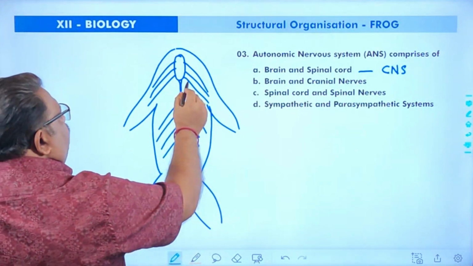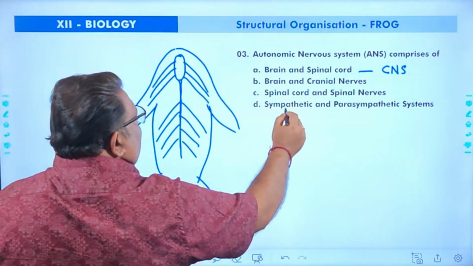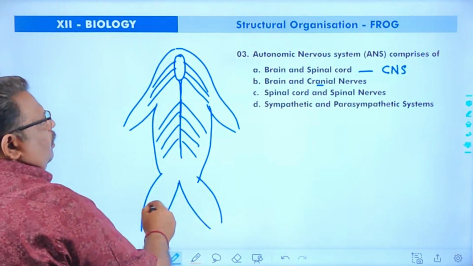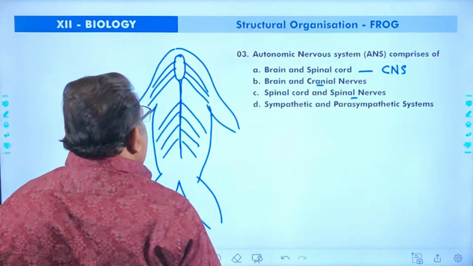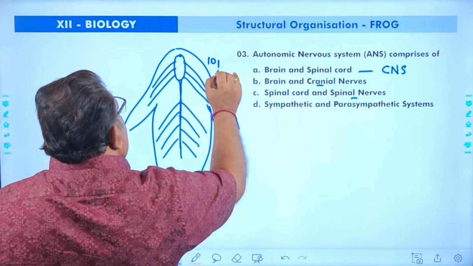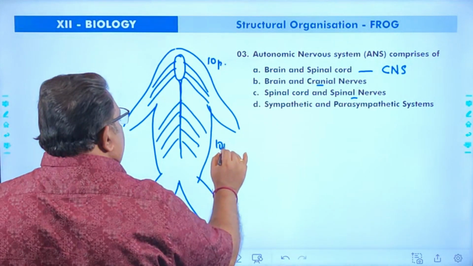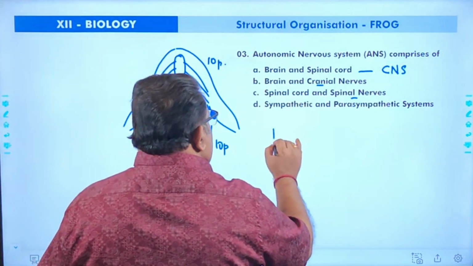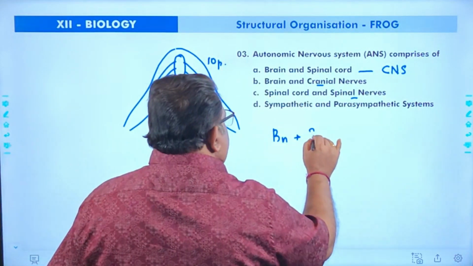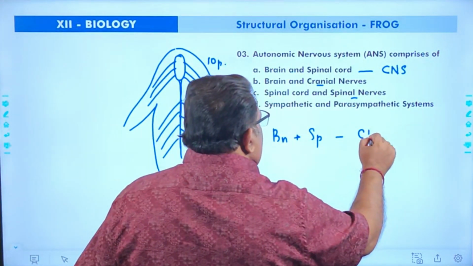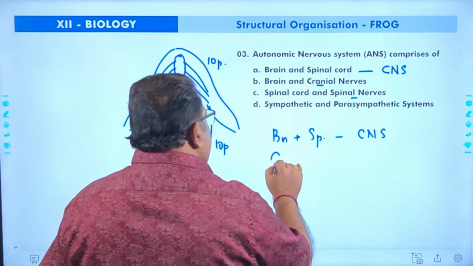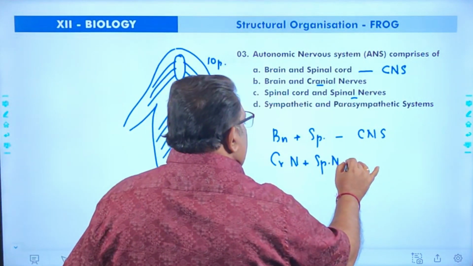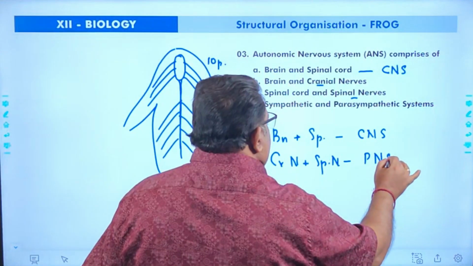The nerves developing from the brain are called cranial nerves, and the nerves developing from the spinal cord are called spinal nerves. There are 10 pairs of cranial nerves and 10 pairs of spinal nerves that collectively form the peripheral nervous system. So brain plus spinal cord form the central nervous system, cranial nerves plus spinal nerves form the peripheral nervous system.